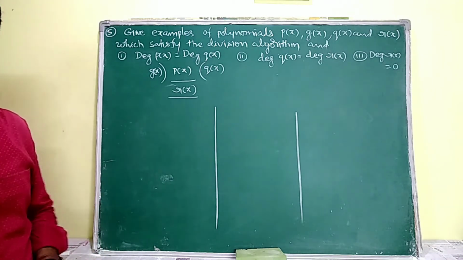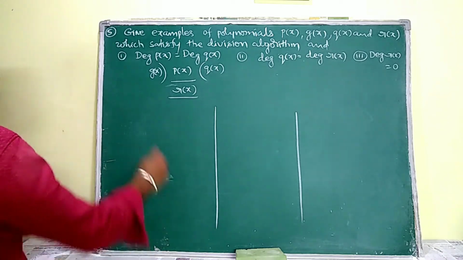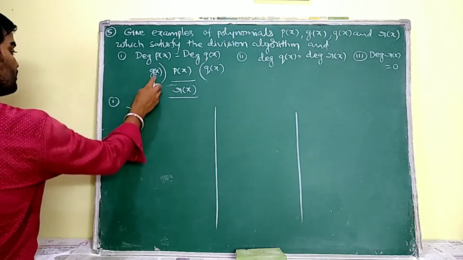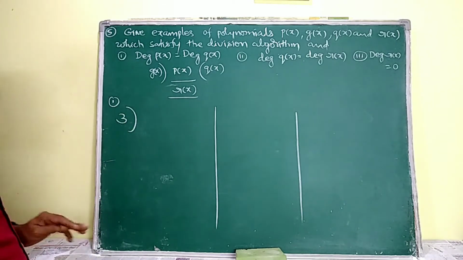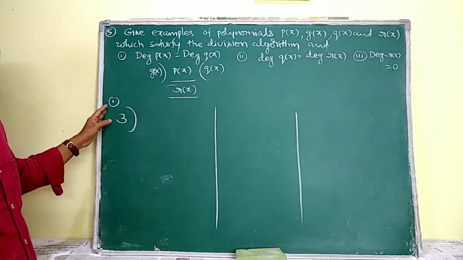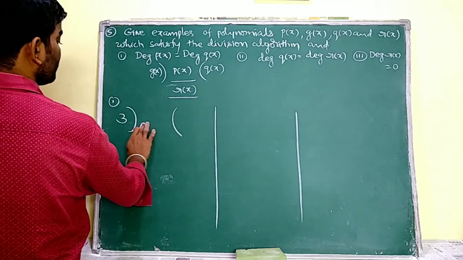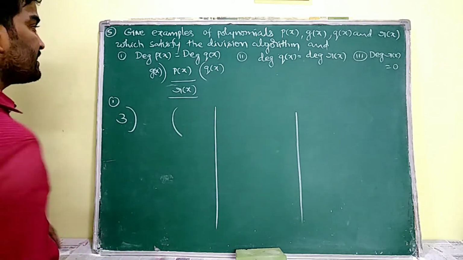Now whose degree is 0? We know that a constant's degree is 0. That means for the first question you know the g of x. You have to write a constant as your g of x. I am going to write 3. As you wish, if you want to write 8, you may write. Now see, I have to write the two polynomials p of x and q of x with the same degree.